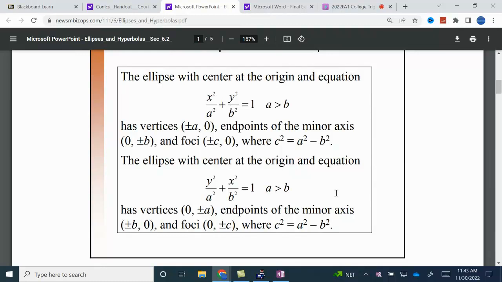So on the y-axis, we can find the vertices and the foci. The vertices here are 0 plus or minus a. The foci are also located on the y-axis at 0 plus or minus c. The endpoints for the minor axis are plus or minus b comma 0, and the formula for c squared is equal to a squared minus b squared.